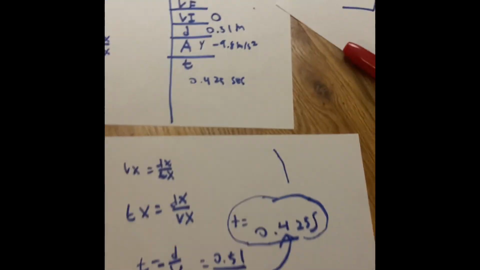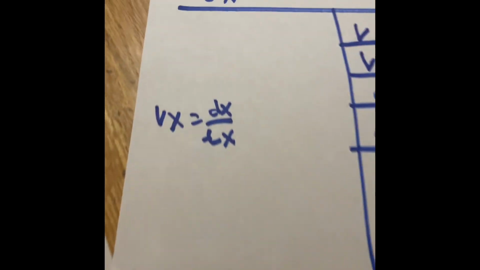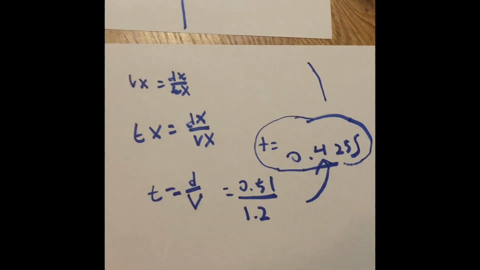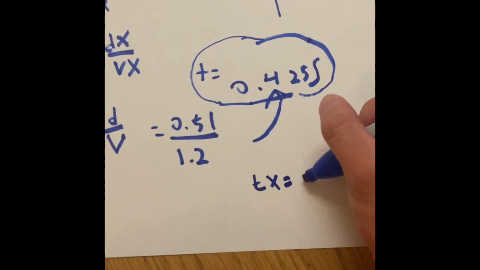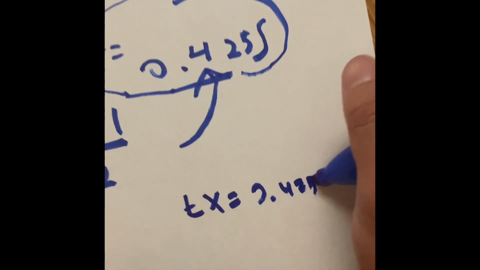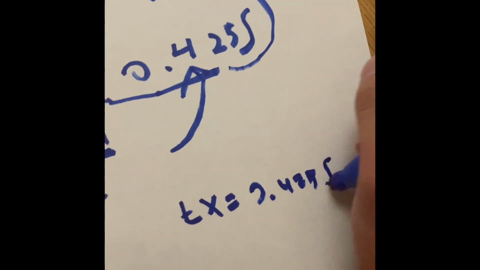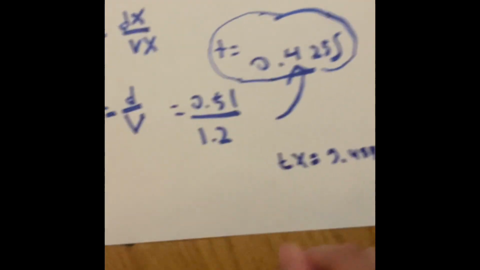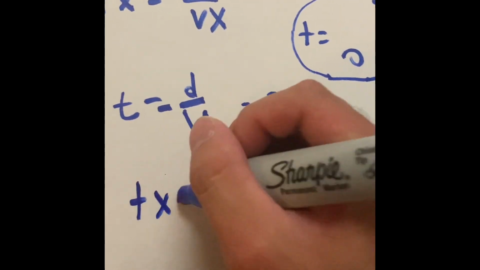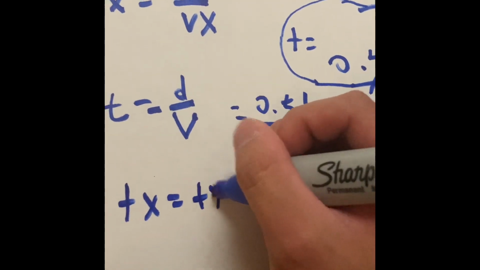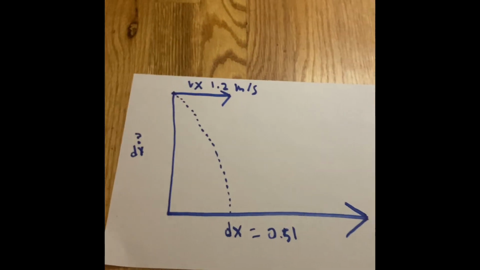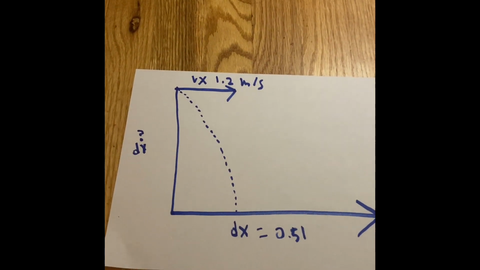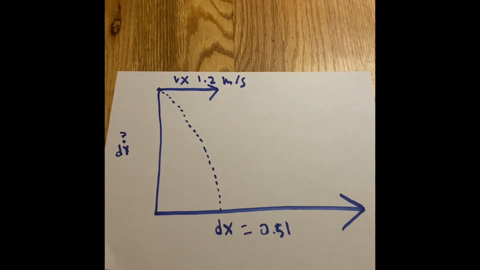If you're confused, when we use the dx formula, we get our tx is going to represent 0.425 seconds. We put that into our ty because tx is going to be the same thing as ty. The reason why is because your dy and your dx are in the same experiment.